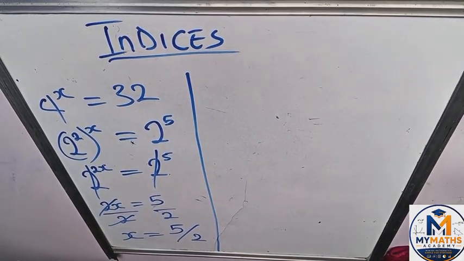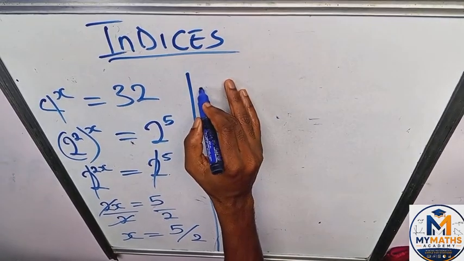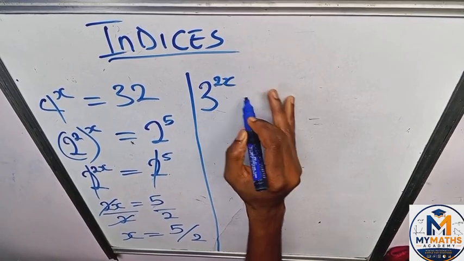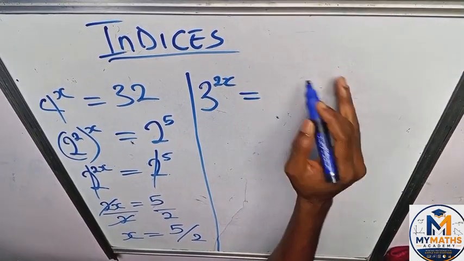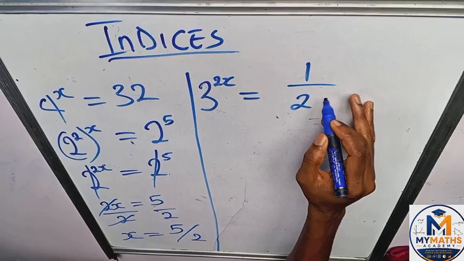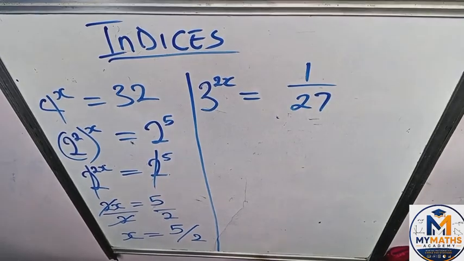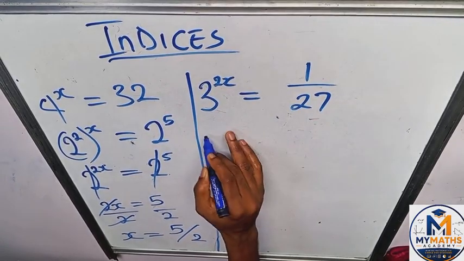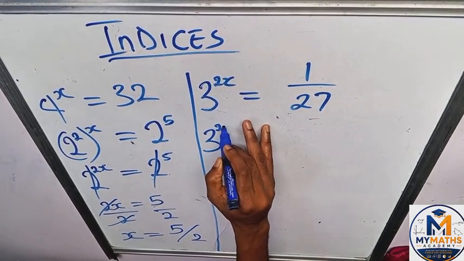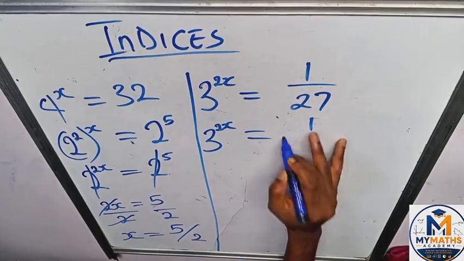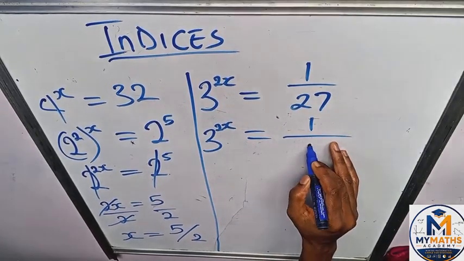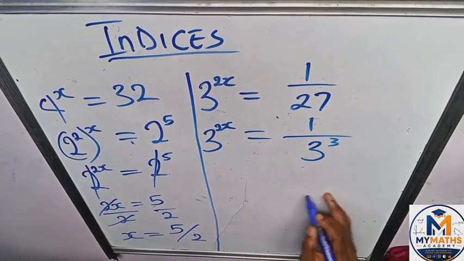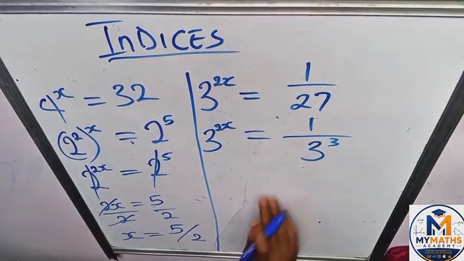Another one we're going to solve again. So peradventure, I have a question that says 3 raised to power 2x equals 1 over 27. If I have something like this, I'm going to break this one to the lowest value. So I'm going to say 3 raised to power 2x equals 1 over, then this one is going to be 3 raised to power 3, because 3 times 3 times 3 will give us 27.